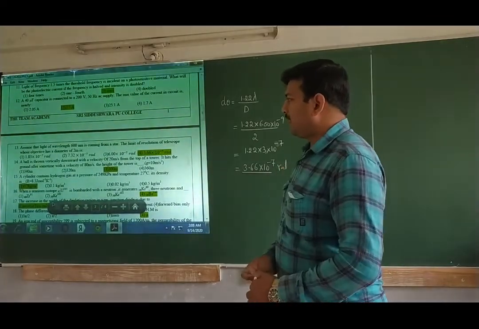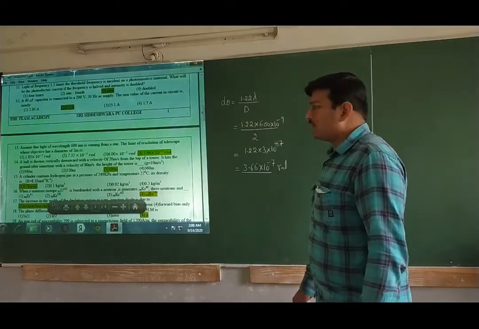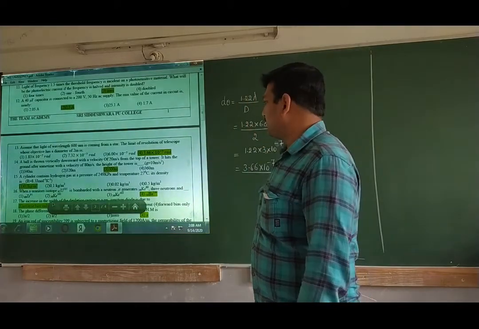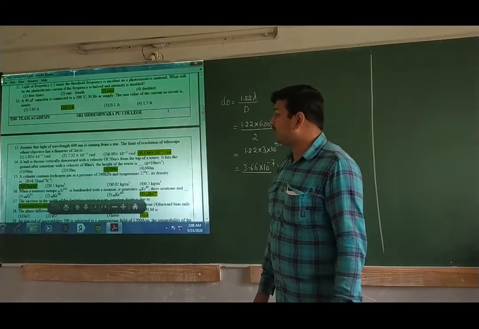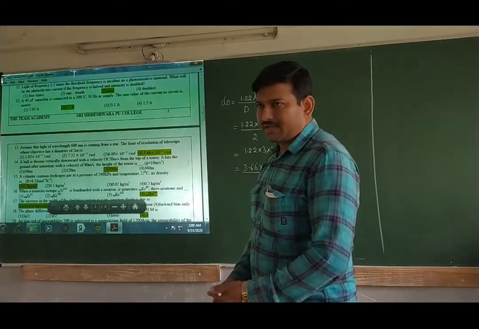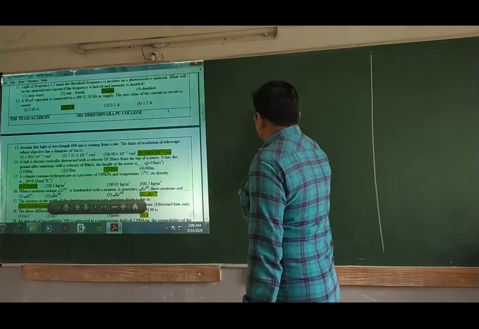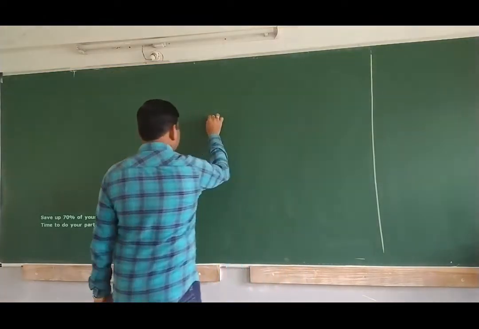Next, the 14th question: a ball is thrown vertically downward with a velocity of 20 meters per second from the top of a tower. It hits the ground after some time with a velocity of 80 meters per second. The height of the tower is. We recently discussed this question. So look here, there is a tower.